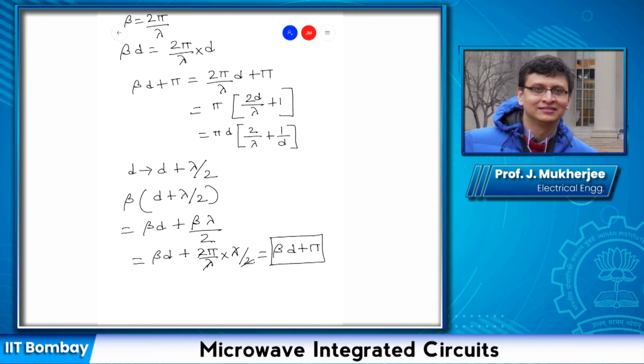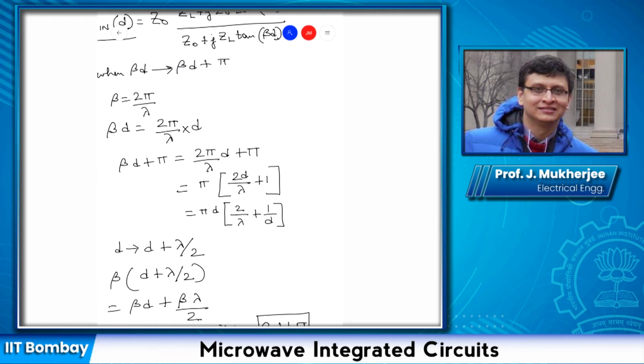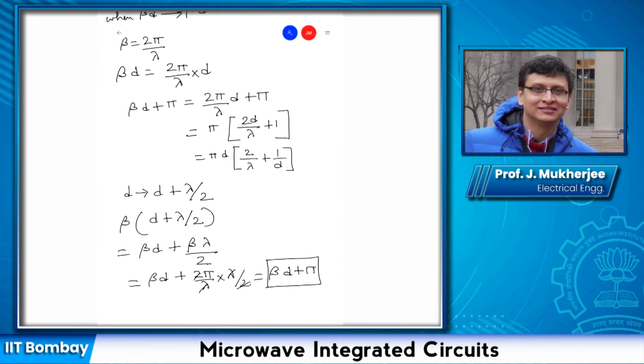Okay, so that's why if beta d is periodic in pi, then the value of Zin at d will be equal to Zin at d plus lambda by 2.